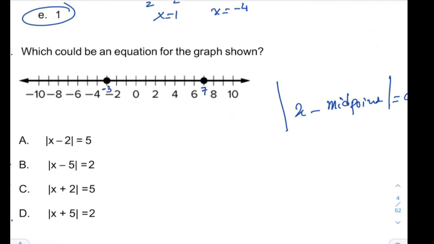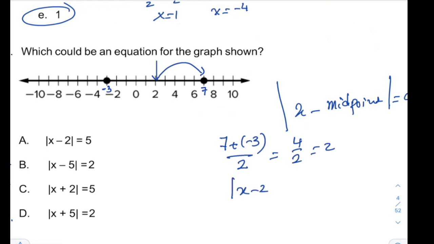Midpoint will be the sum, yani 7 plus the negative 3 over 2, which is 4 over 2, which is 2. And it is very obvious that 2 is the midpoint. Even you can do it manually. You can just count. And then, what is the distance between 2 and 7? It's 5. So x minus 2 is 5, and this is our solution.